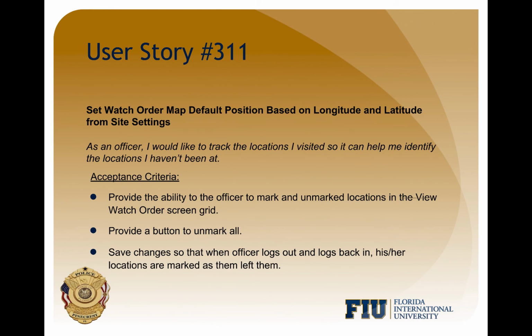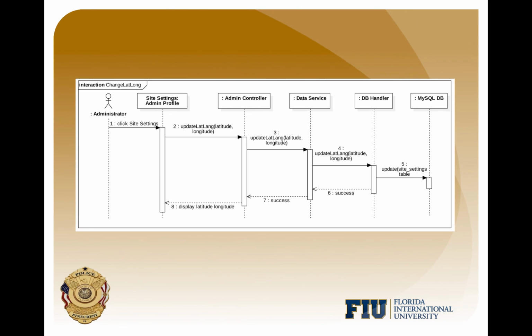User story 311, set watch order map default position based on longitude and latitude from site settings. So the sequence diagram for this story will start with the administrator clicking the site settings menu.